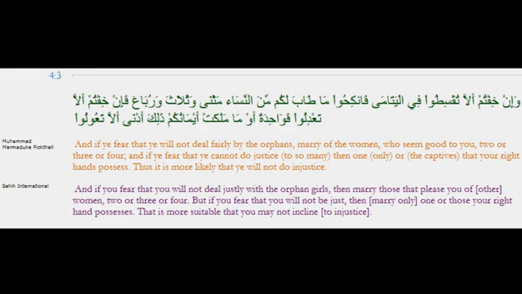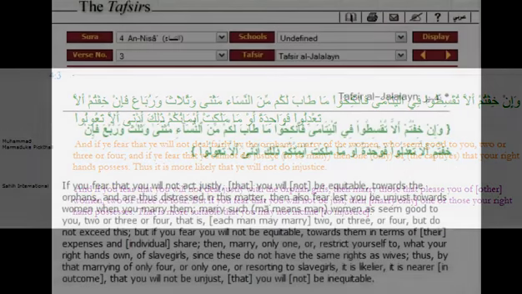Let me go to yet another version. Here's the "and" at the beginning, then we have the "and 3 and 4". Again in the sentence it says "and" the wa. And yet if we look at the translation it says "or 3 or 4". And then again in the translation it says "or 3 or 4".